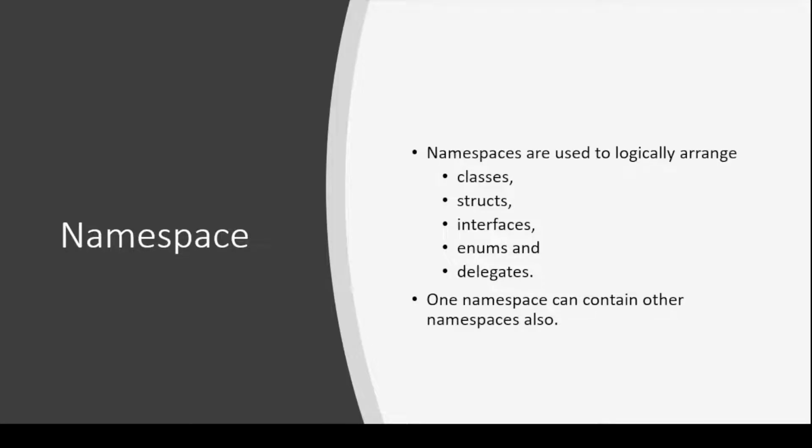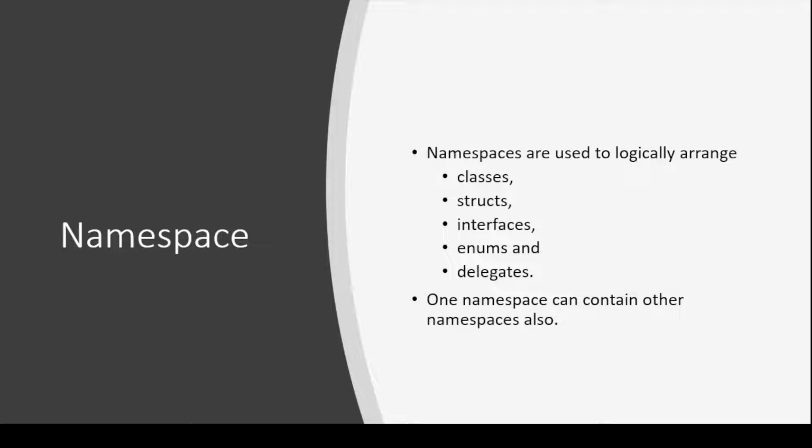In C Sharp or Visual Basic, namespaces are used to logically arrange classes, structs, interfaces, enums, and delegates, and also nested namespaces, that is, a namespace in between namespaces. Therefore, a namespace in C Sharp can be nested. That means one namespace can contain other namespaces also.